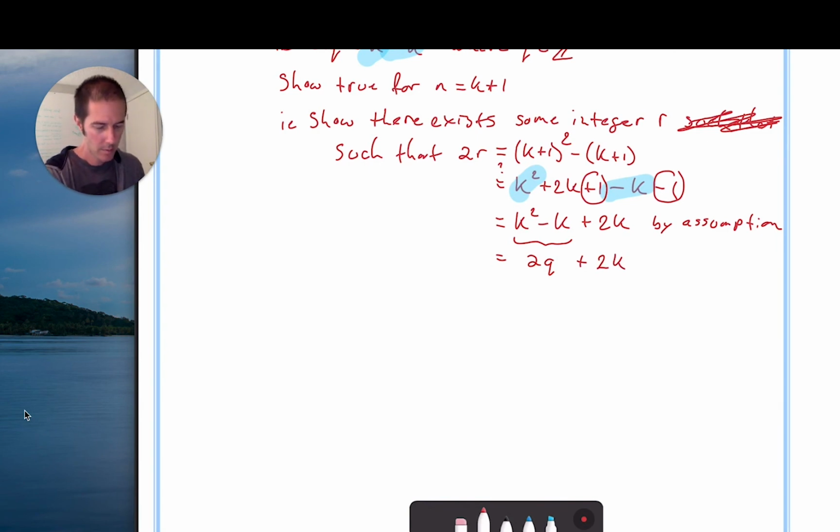And don't forget, the left-hand side of this equation says 2r. We're supposed to be showing that there exists some integer r such that 2 times that integer will equal the right-hand side, which now looks drastically different than it did in the beginning.